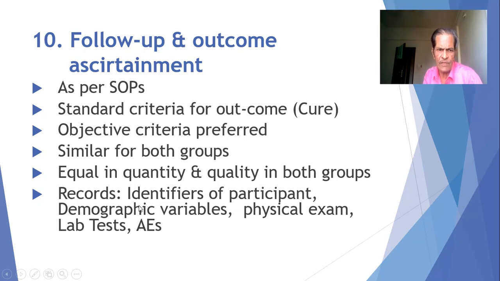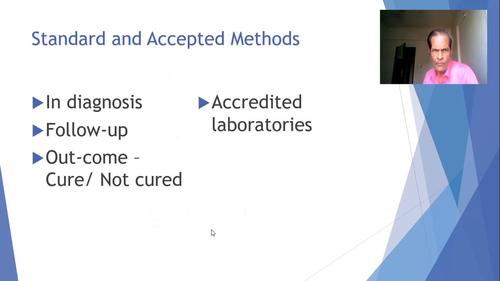The records like identifiers of the participants, the demographic variables, the physical examination record, the lab test records, and the adverse event records, all these form part of the follow-up and the outcome ascertainment in a given case, and all should be there on the individual patient's record. The standard and accepted methods should be there for the diagnosis, for follow-up, and for outcome ascertainment.